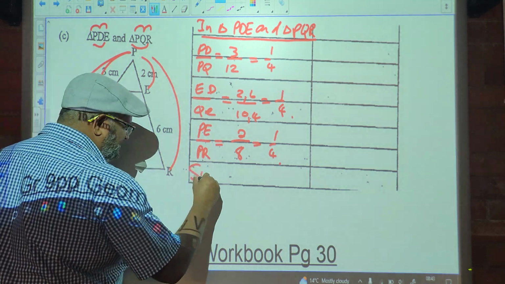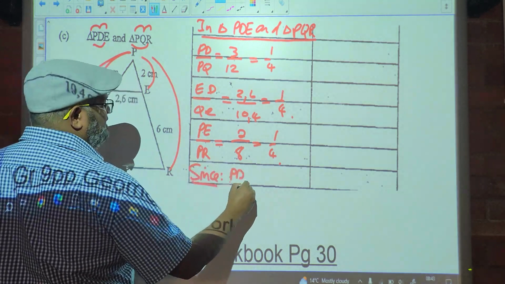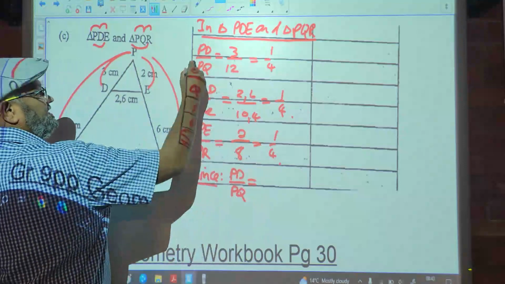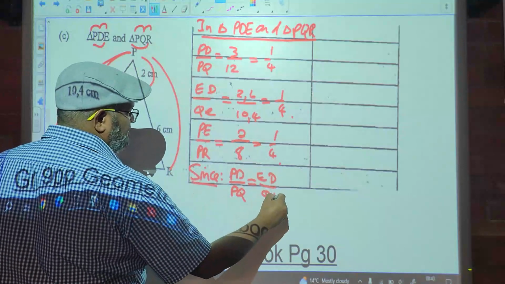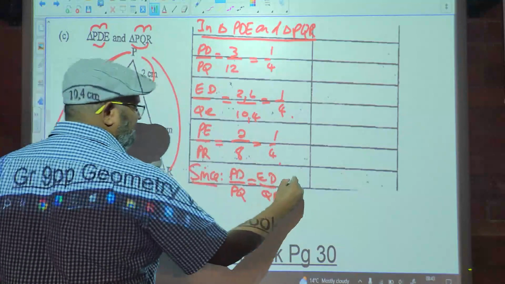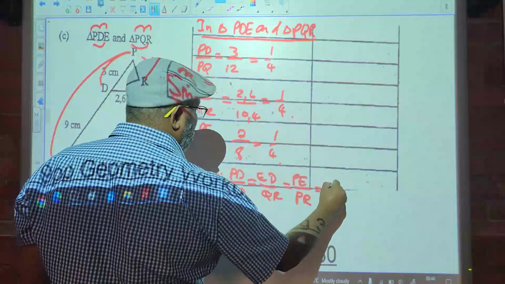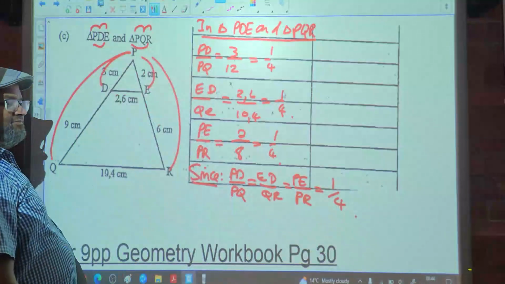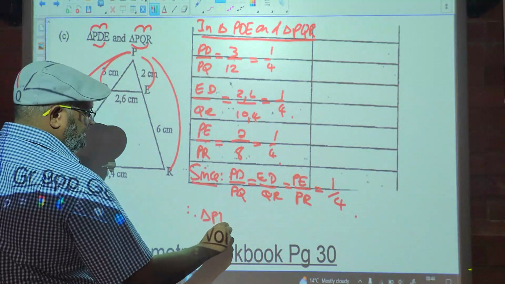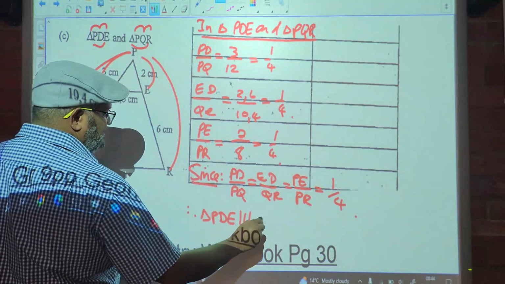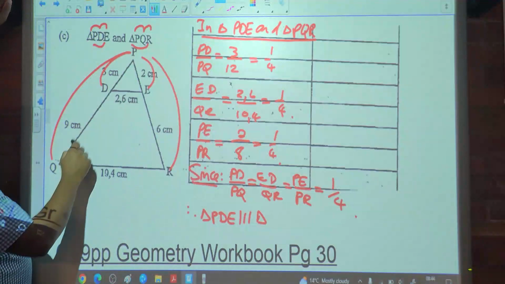So I say since PD over PQ is equal to ED over QR, which is equal to PE over PR, which is equal to a quarter, therefore triangle PDE is similar to triangle PQR.